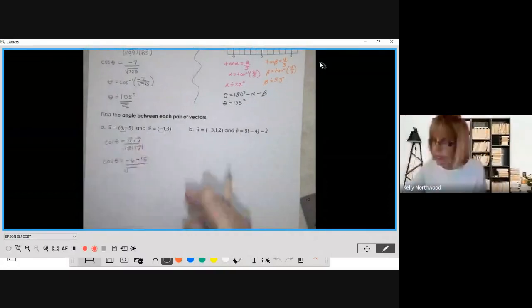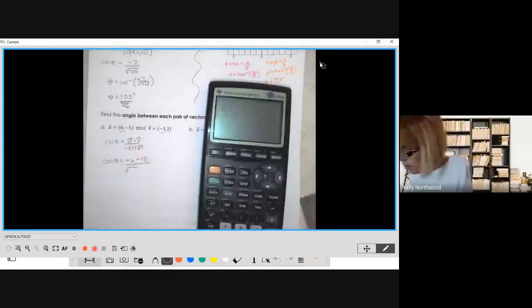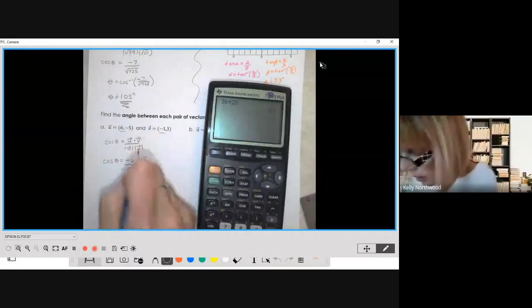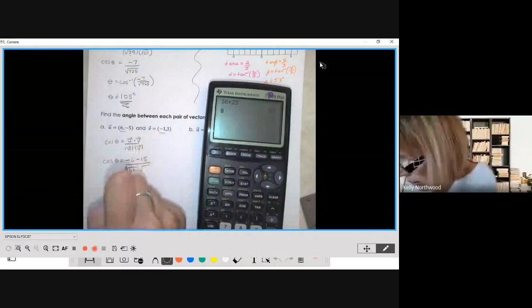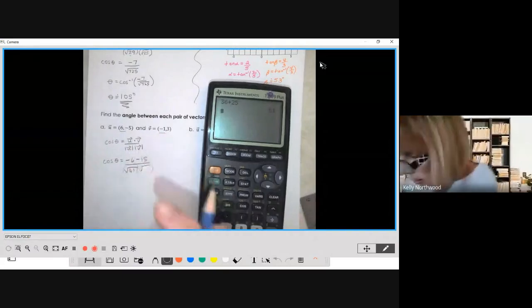The magnitude of vector u is going to be the square root of 36 and 25, so the square root of 61. And the magnitude of vector v is going to be the square root of 10, 3 squared plus 1 squared.